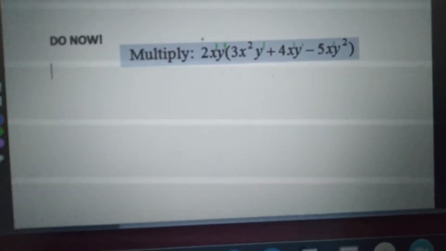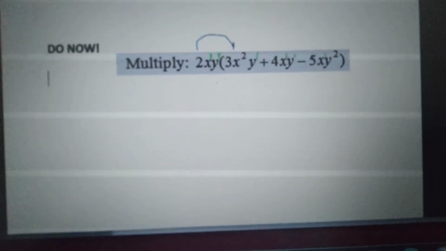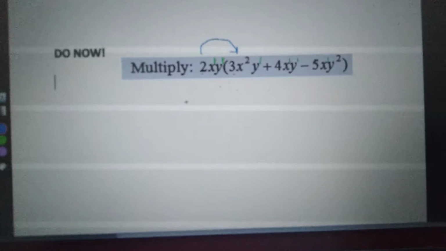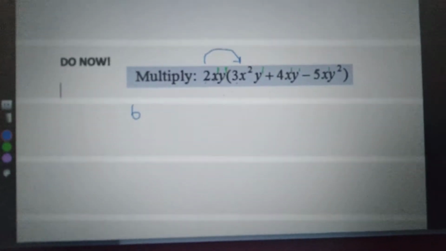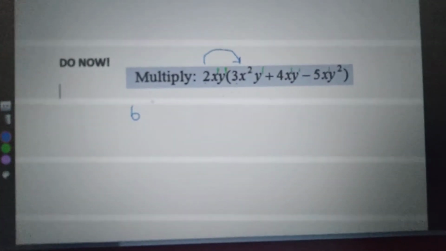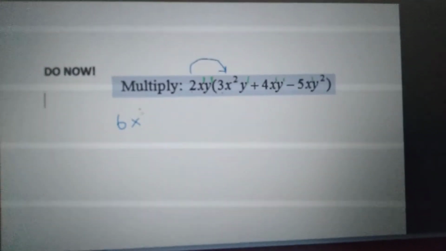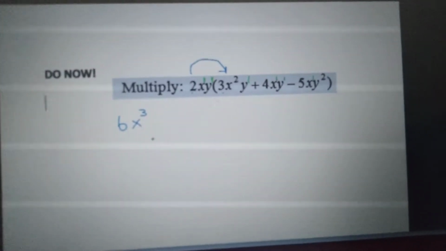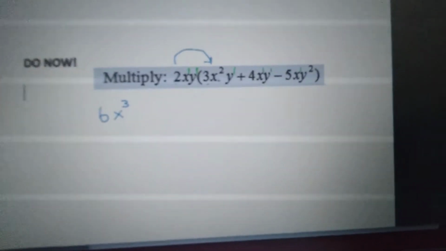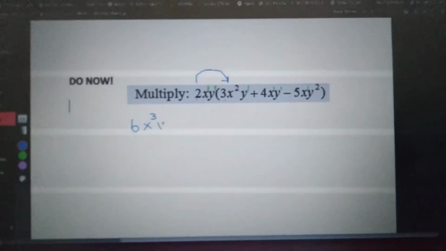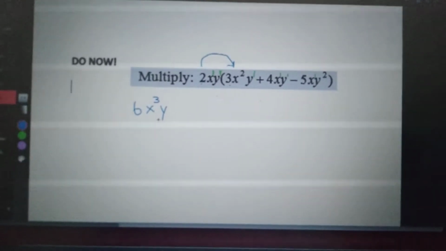So we're going to multiply this term by this term first. 2 times 3 is 6. X to the first times x squared. Well, they both have an x, so I'm going to write it. 1 plus 2 is 3. Remember, we add the exponents. Y. So that they both have... Can I do this one?